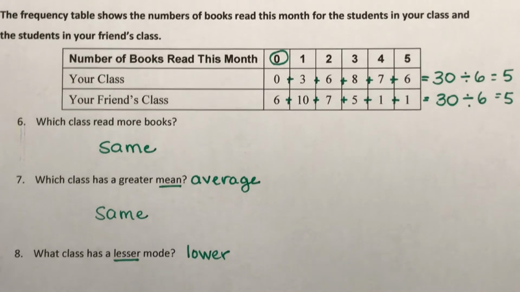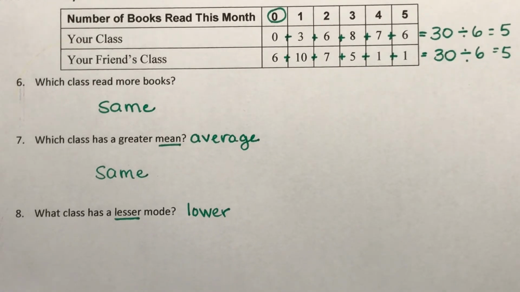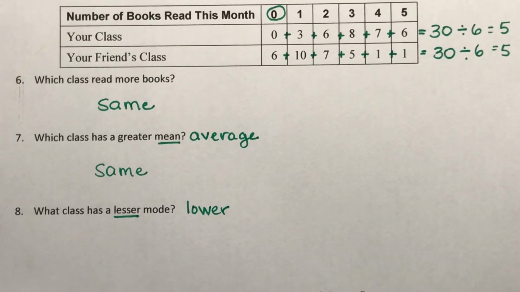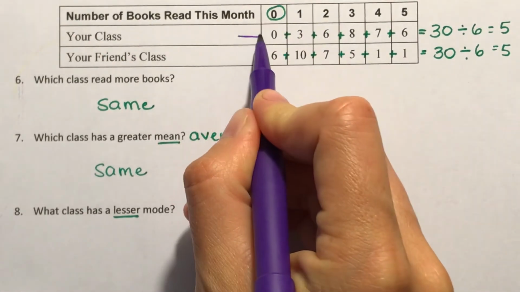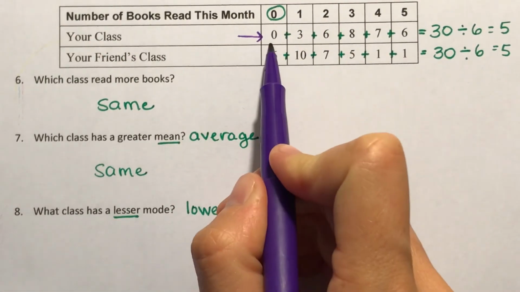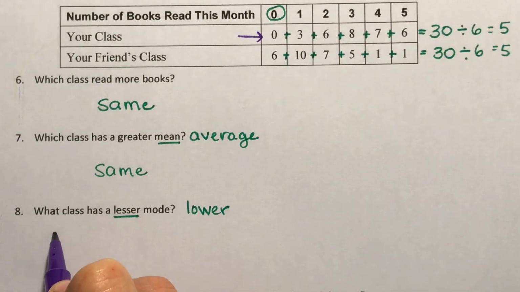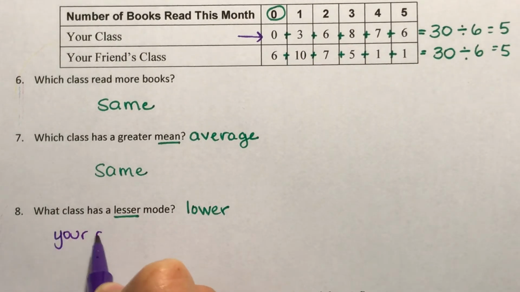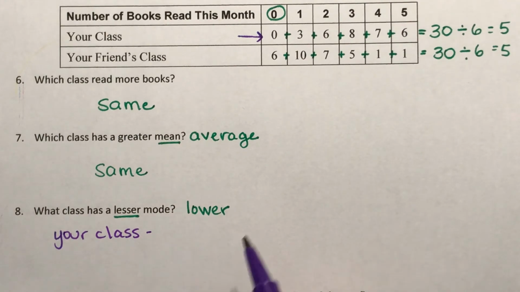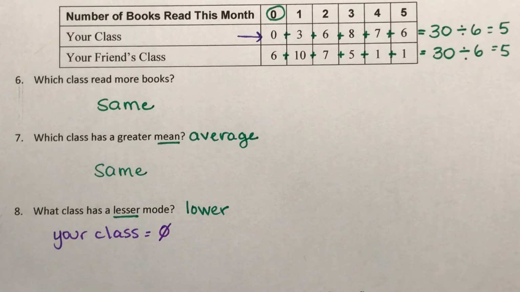Some people might think of things that other people aren't, or they read into different parts. So mode, remember, means most common number. If I look in my class, they don't have a number that repeats, so they would have no mode at all.